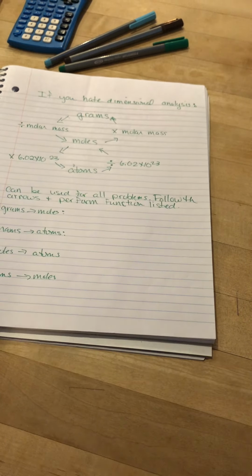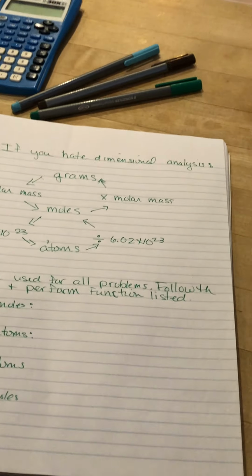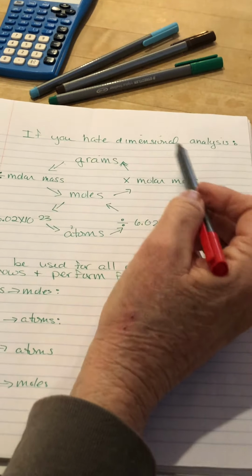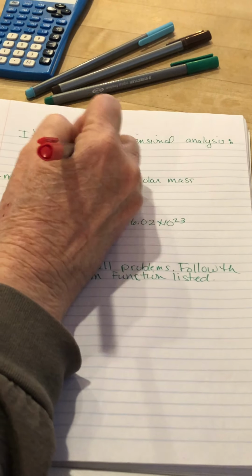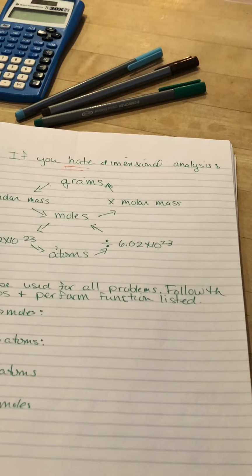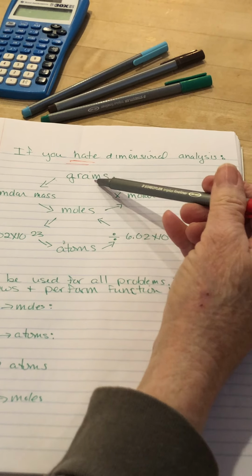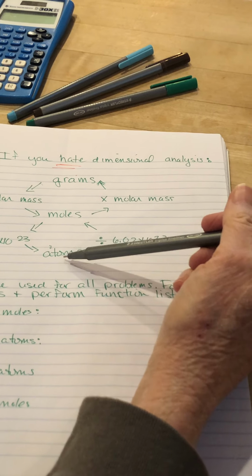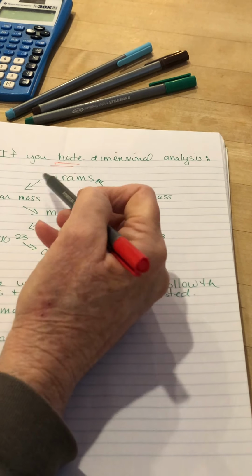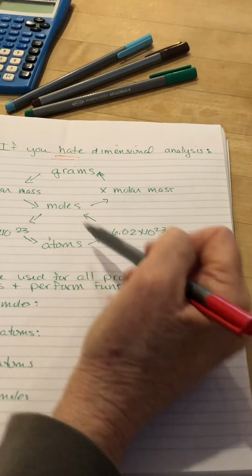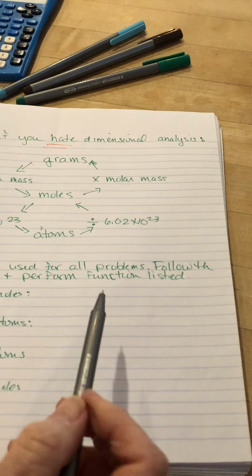Okay, and at this point you're like, oh, please, please make her stop. Not yet. So, if you absolutely hate dimensional analysis, you just write down this little chart. You put grams at the top, moles in the middle, atoms at the bottom. Arrows on the left side go down, arrows on the right side go up.